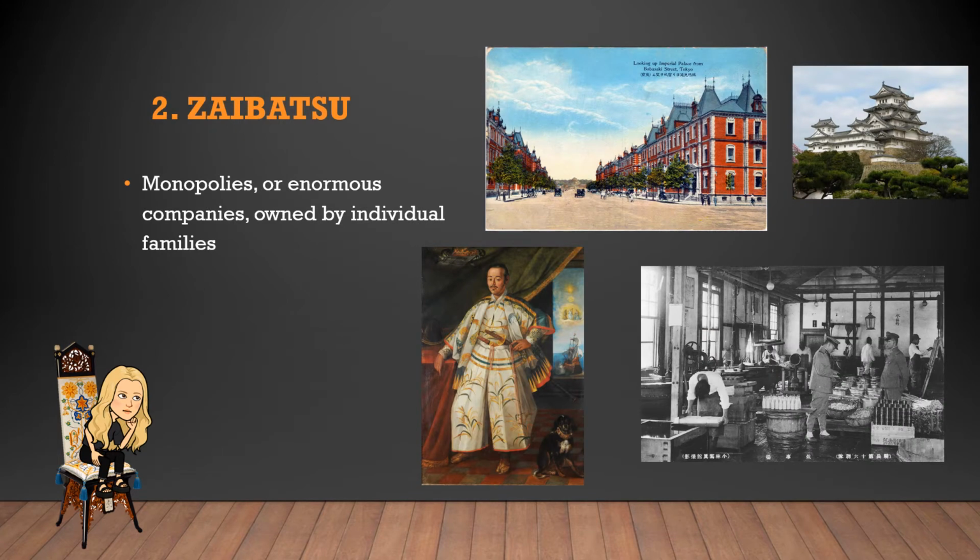Monopolies called zaibatsu began to form in the 19th century and rapidly expanded in the 20th century. There were enormous corporations owned by individual families that had impressive economic reach. The zaibatsu Mitsui, for example, was involved with banking, mining, paper, textiles, and more.